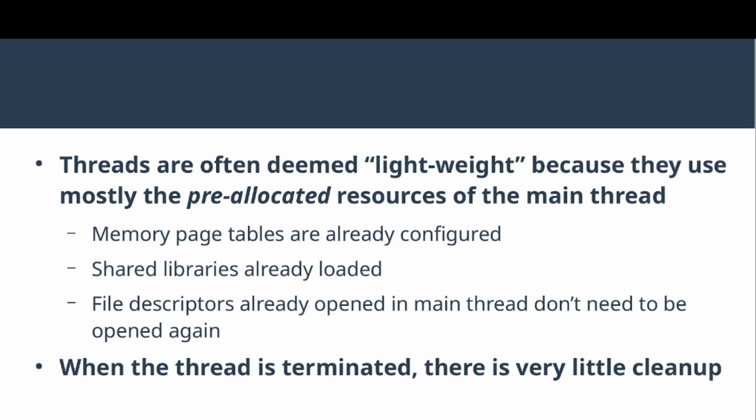You don't need to allocate any heap memory. If you've opened any file descriptors, such as a socket in the main thread, you don't need to reopen those. Really, you're just creating a stack, running this thread, and then when the thread is terminated, the only thing you're going to do is clean up the stack. All of the other memory in the process is still going to be there until the main thread exits and the process dies.